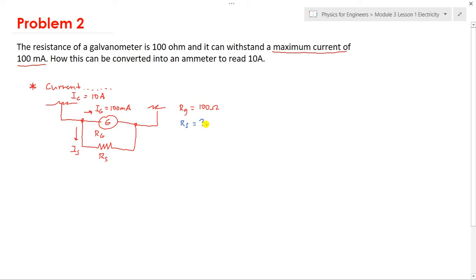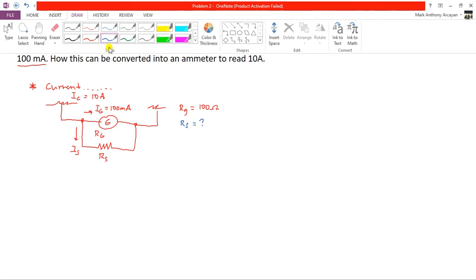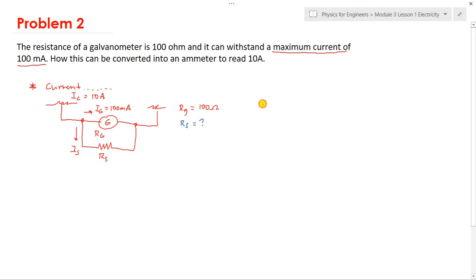Okay, so since the galvanometer and the shunt resistor are connected in parallel, therefore we can say that the voltage across the galvanometer is equal to the voltage across the shunt. The voltage in the galvanometer is just equal to current IG times RG, while at the shunt that is IS times RS.